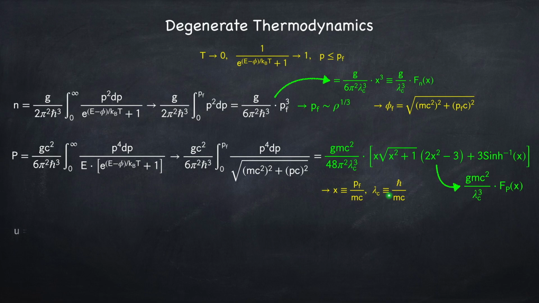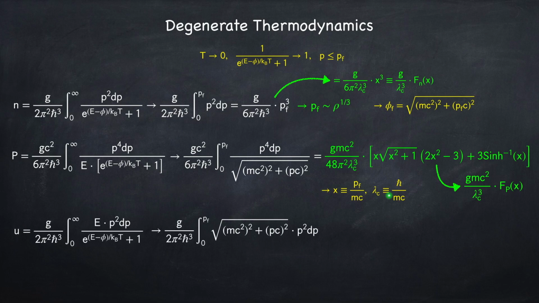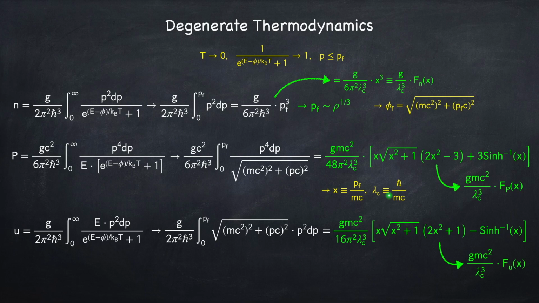In Stellar Physics 2a, I also derived a general expression for the energy density, which we can also reduce in the T equals 0 limit. And again, this integral is a little bit more complicated to evaluate, but it can be done. And I'm also going to rewrite this as the mass divided by the wavelength cubed times some function f sub u of x. Now, this energy density includes the rest mass energy.